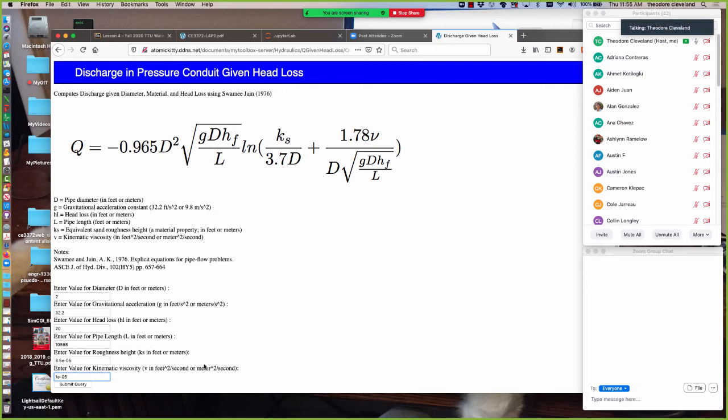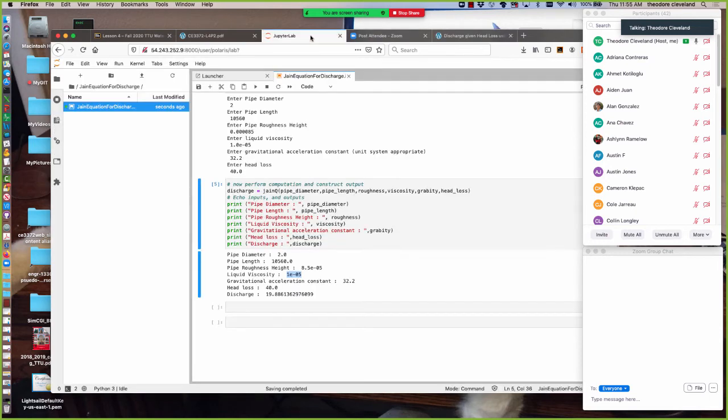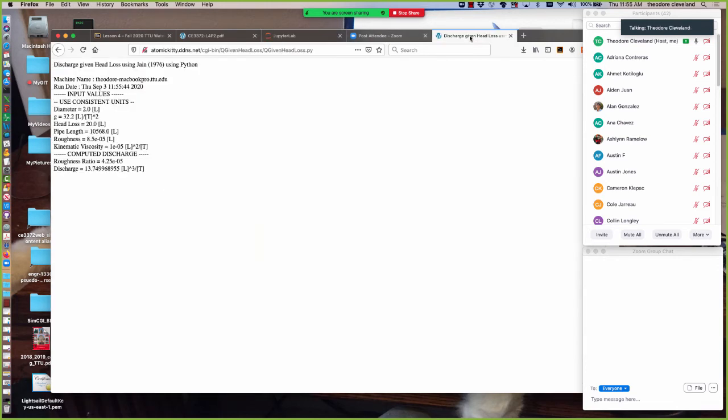All right, so our last one was 19. Let's see what this one does. And this produces 13.7 cubic feet per second. And I am not going to diagnose why they're different. One of them has different, oh, there we go, 10,000.